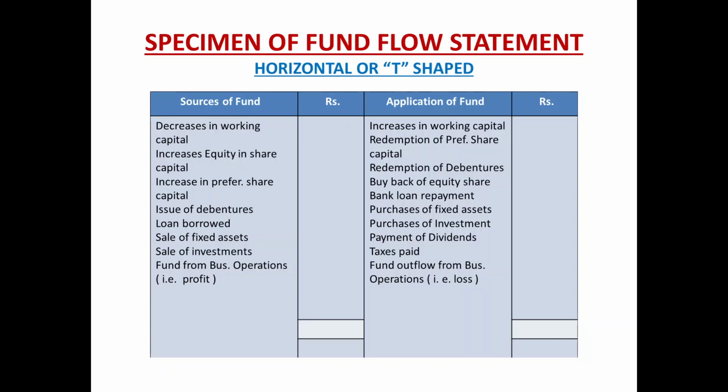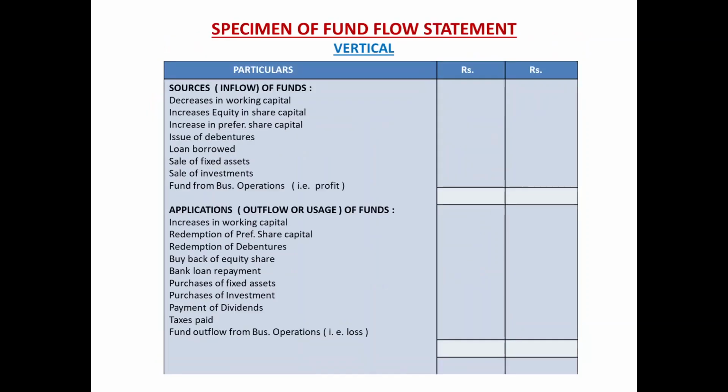After the horizontal format, you can apply the vertical format also for the preparation of fund flow statement. Just the same items. Sources of funds, sources means inflow or receipt, and then application means outflow or usage of funds. Just the way of presentation is different. Horizontal and vertical both give the same picture and the same answer, just the way of presentation is different from each other.